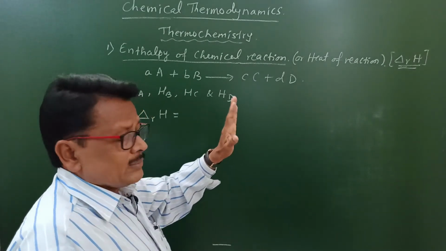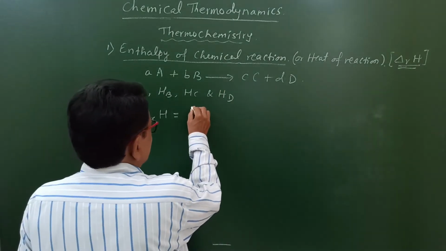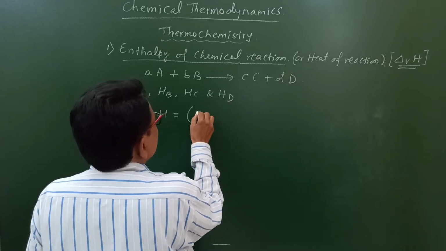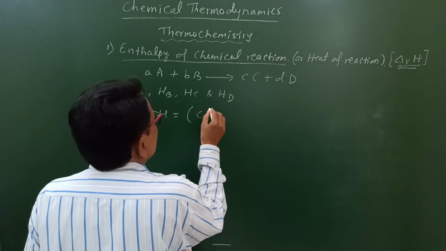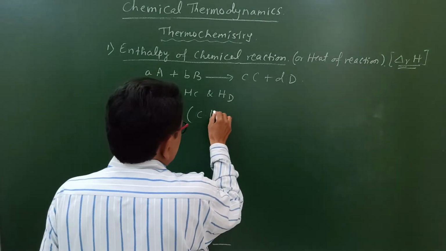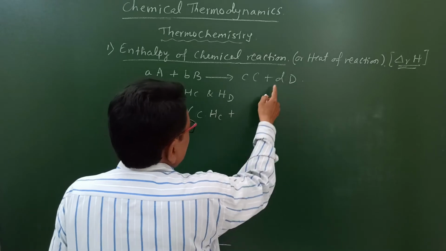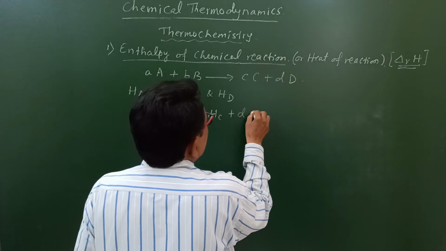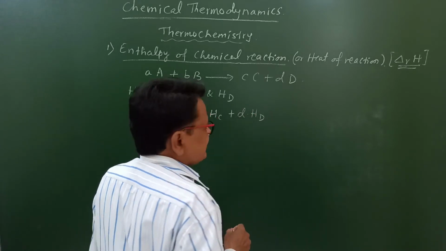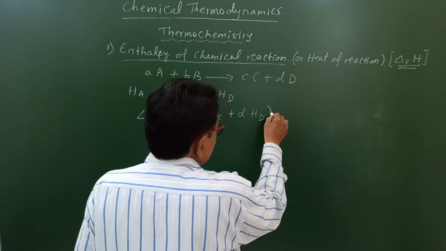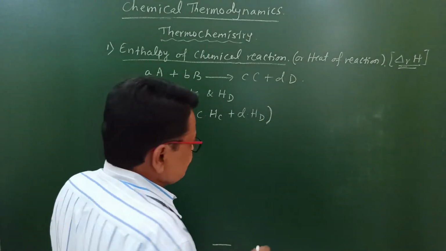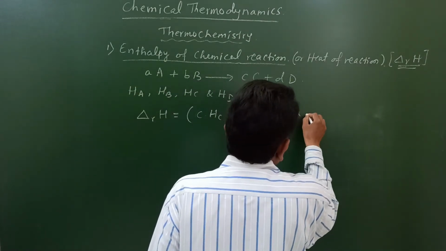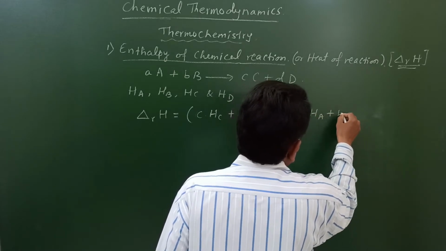Then the sum of enthalpies of products is c into Hc plus d into Hd, minus the sum of enthalpies of reactants, a into HA plus b into HB.